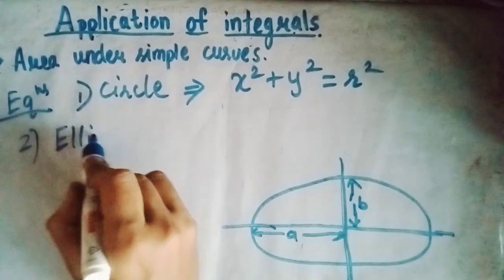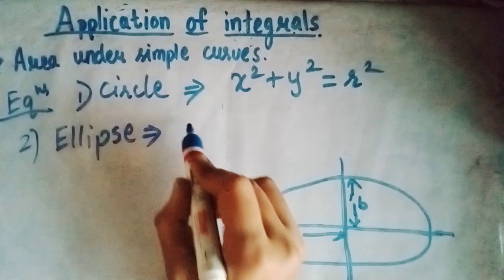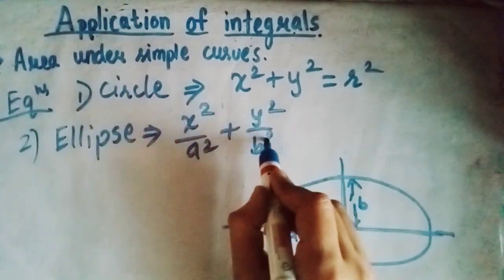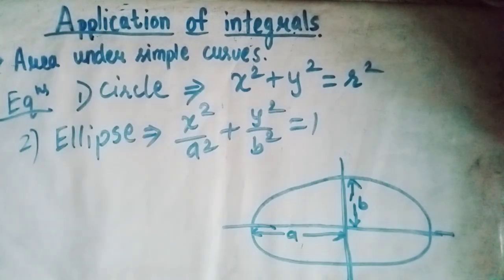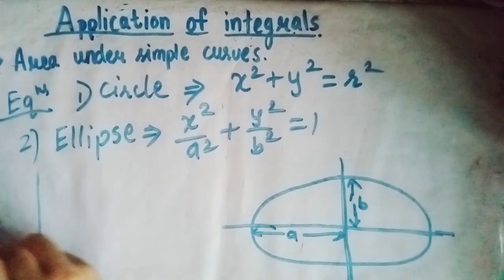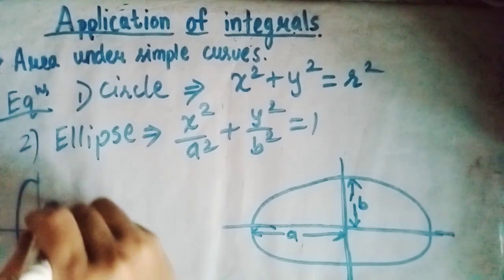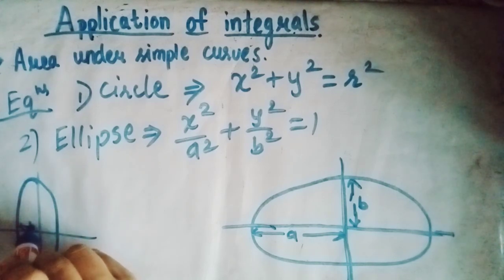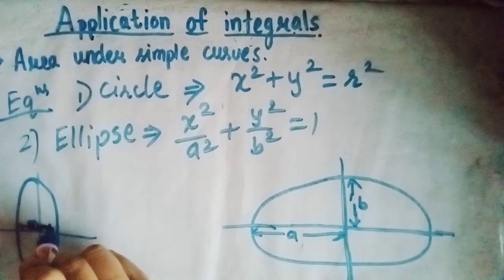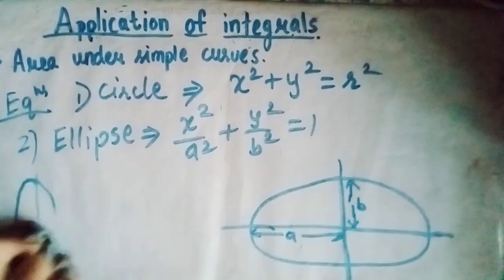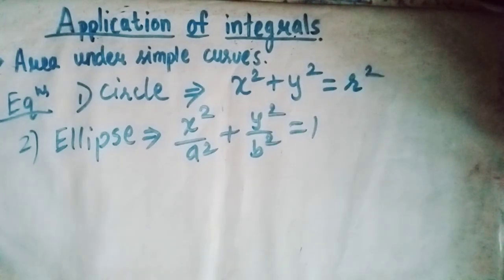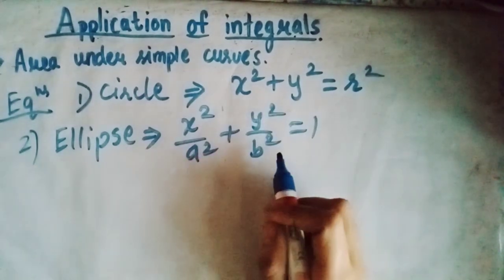So the ellipse equation is given by x square upon a square plus y square upon b square equal to 1. If the ellipse is vertical like this, there are two types of ellipses, then this part is your a and b are the same. Just draw and see which one is a and which one is b.